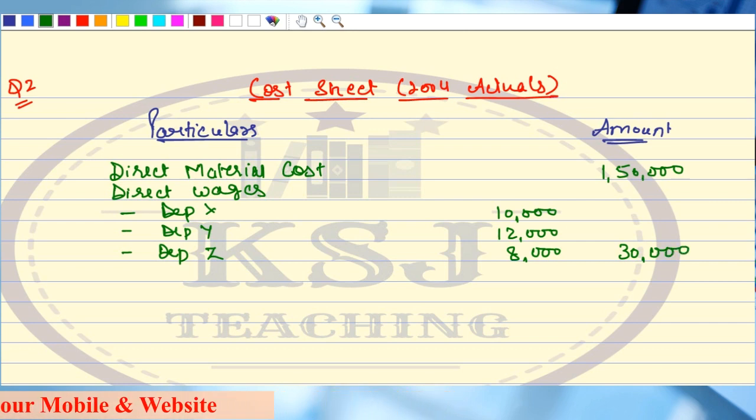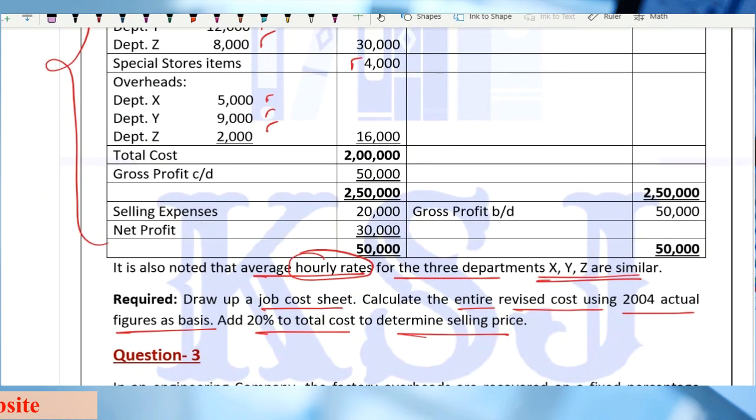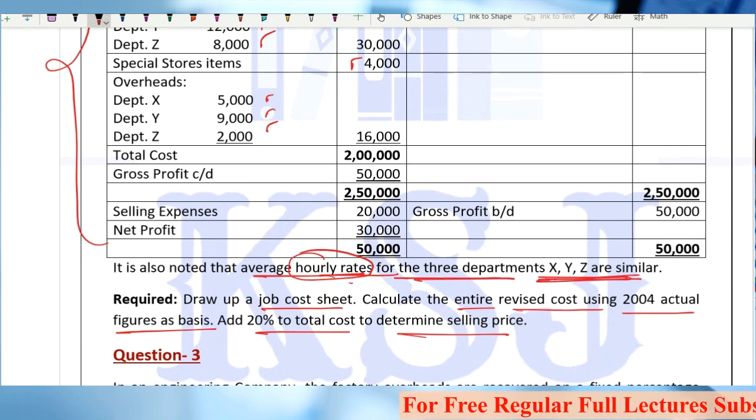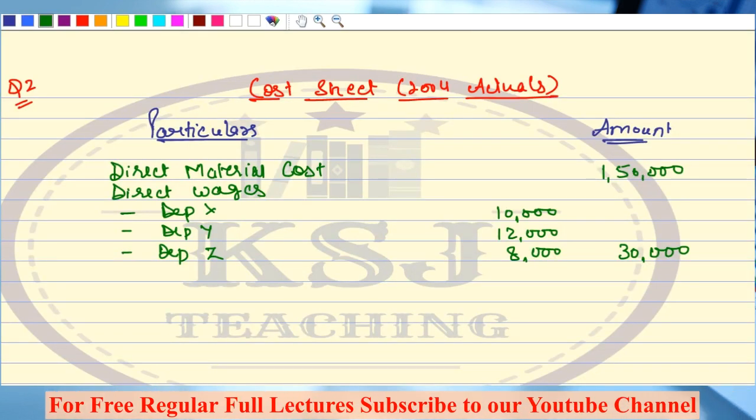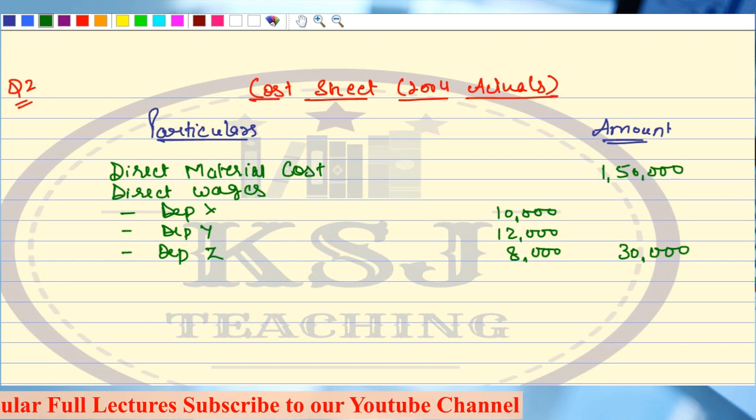Now, the question says that the hourly rates for the three departments are similar. So that means this figure is calculated by multiplying the number of hours with 2.5.